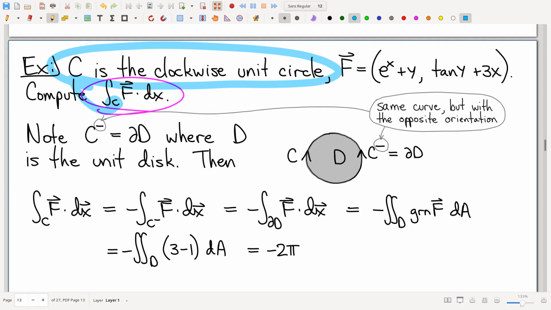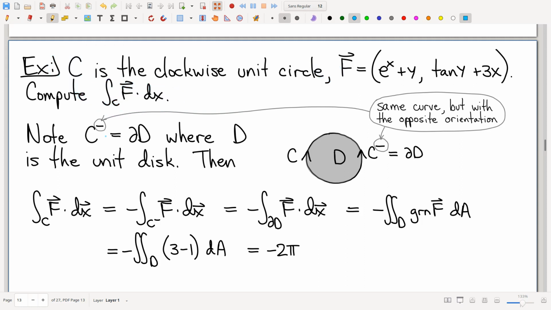All right. So how are we going to compute this? Now, just to be fair, we could brute force this, right? This curve, the clockwise oriented unit circle, I can parameterize with sines and cosines and a cleverly placed negative. We could straight up parameterize that oriented curve and plug that parameterization in here.